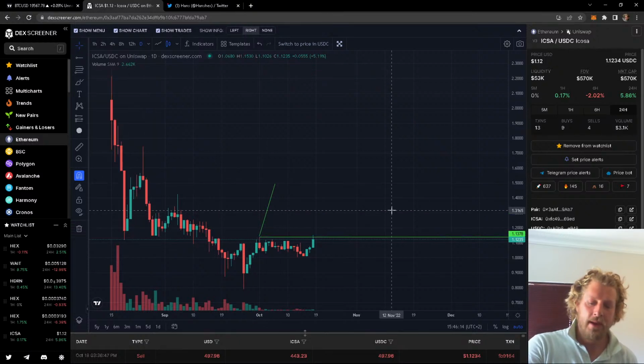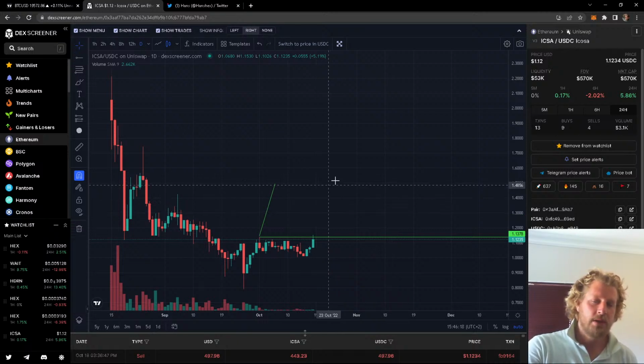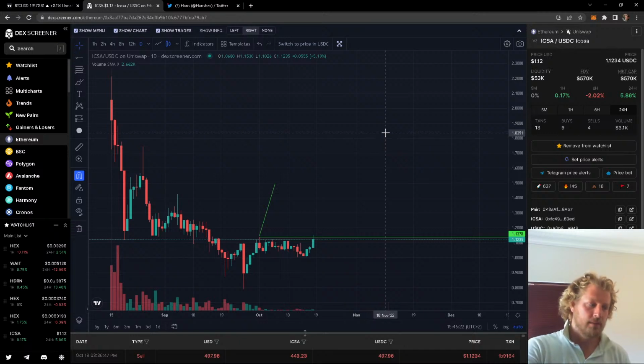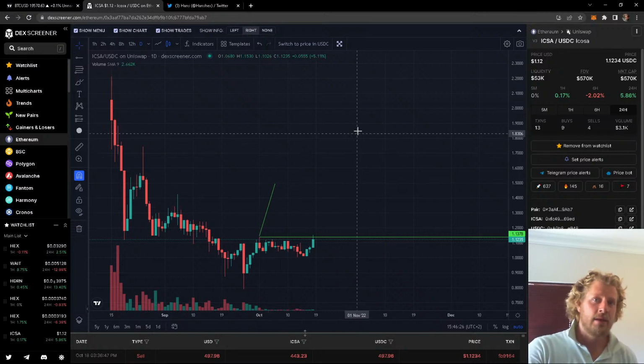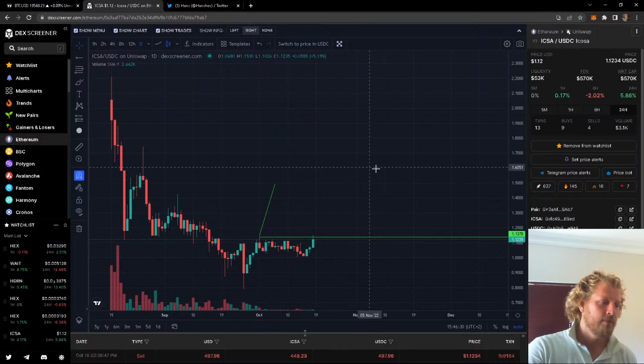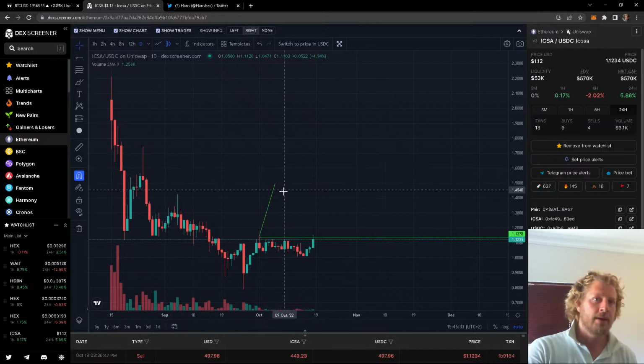Because what is going to be happening is people are going to be burning some Hedron to rebuy those HSIs. And what we need to see, it's very important, is people reselling those rebought HSIs for ICOSA.